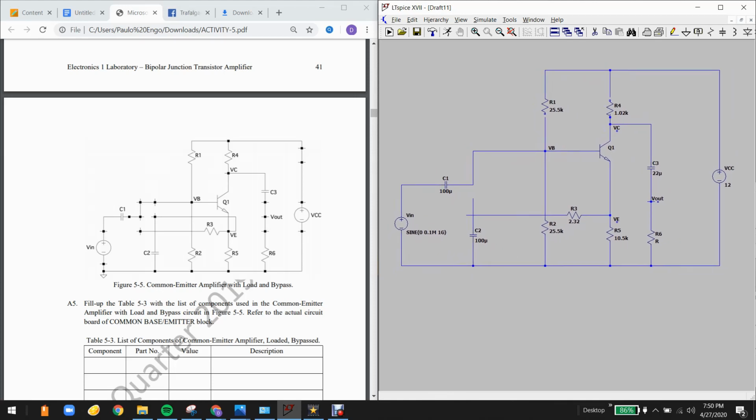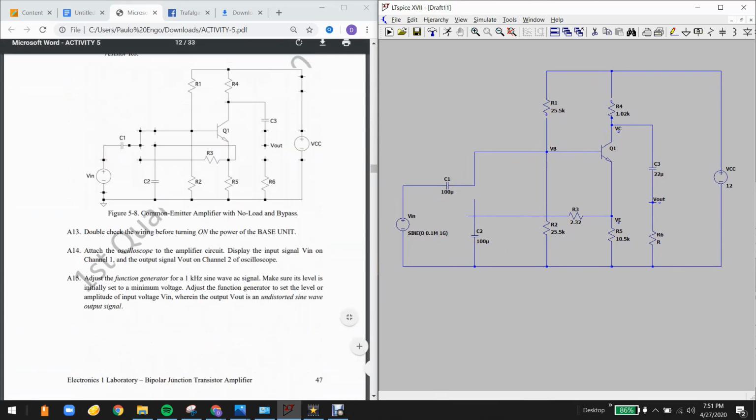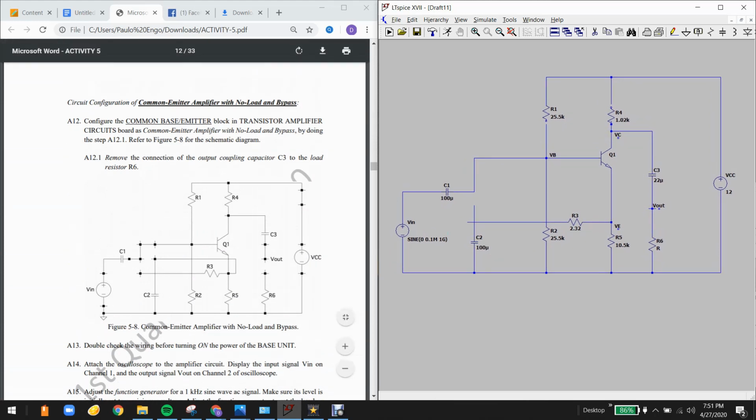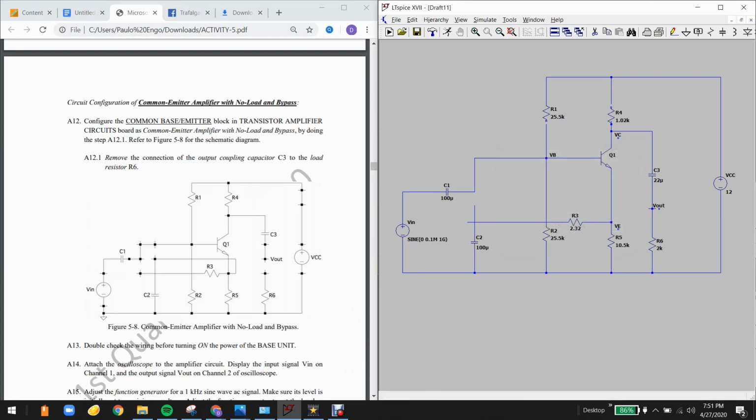Okay, let's check. Alright, all things set. Oh wait, value of R6 is 2K.